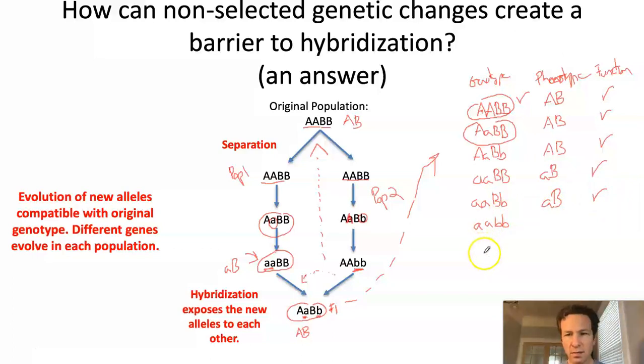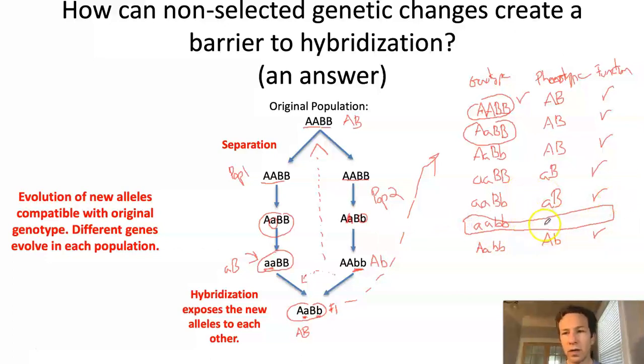We must have some that are big A, little b. So we're going to have, for example, big A, little b. That would give us phenotype big A, little b. But that's the phenotype associated with population 2. So that's perfectly functional.